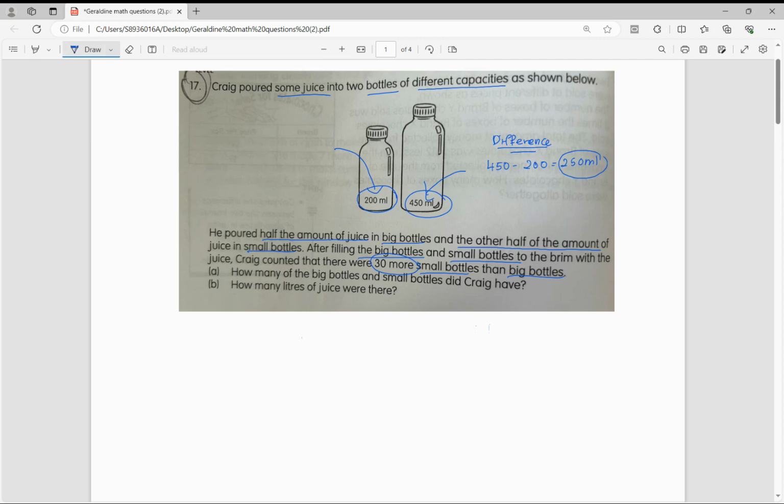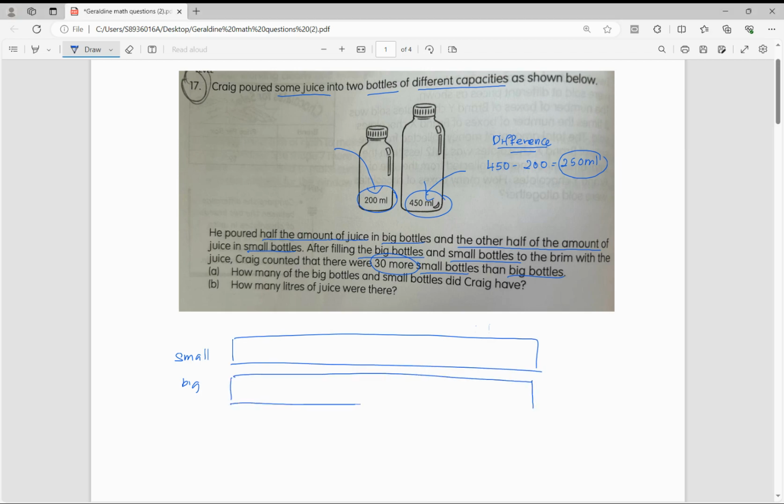So I have small and I have big bottles. I pour the same amount into both the big and the small bottles. Every small bottle I can only fill in 200 ml. Every big bottle I can fill in a 200 and another 250.